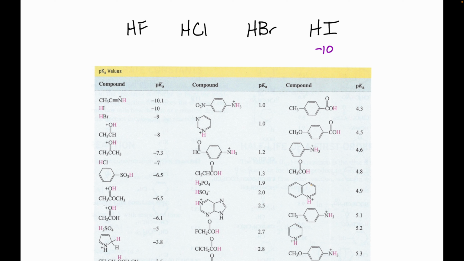All right, so then which one's the strongest? I guess I kind of said it already. The ones with a lower pKa are the strongest, and this is the weakest.